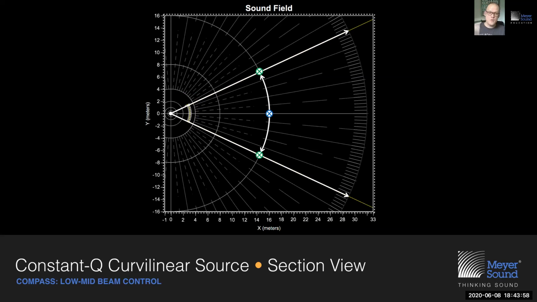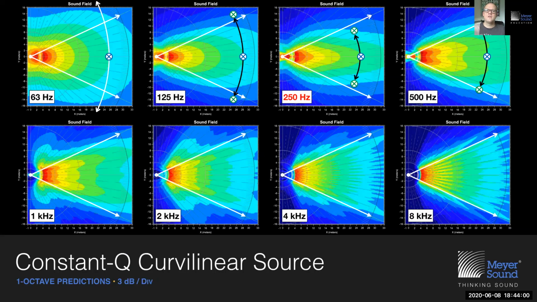Well, let's see whether this is true by going to the next slide. In the top left corner, we see our array at 63 Hertz. And if we start looking for 6 decibels of attenuation, then it's outside of the plot. Okay, so that means that at 63 Hertz, our 11-box leopard array in this example is way wider than the predicted slice of pizza.